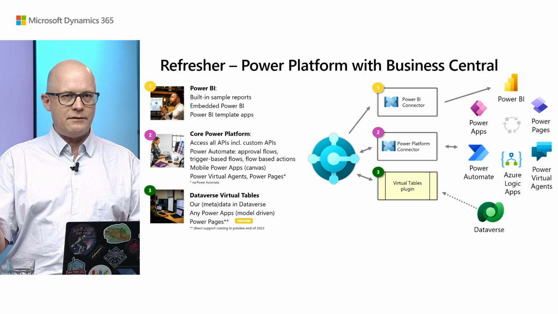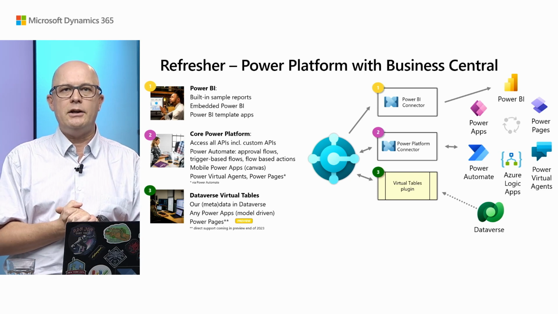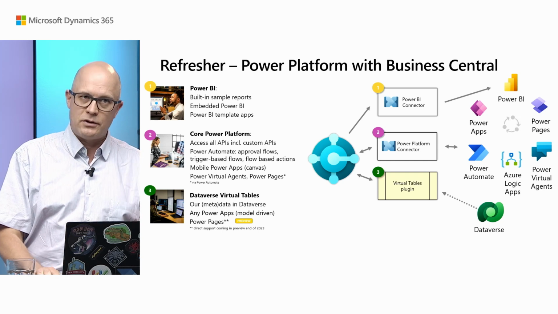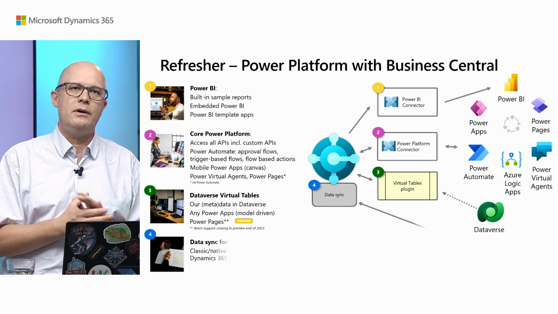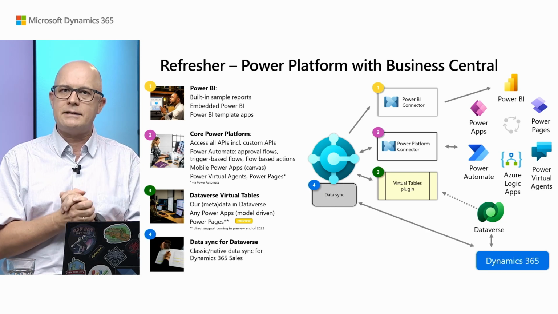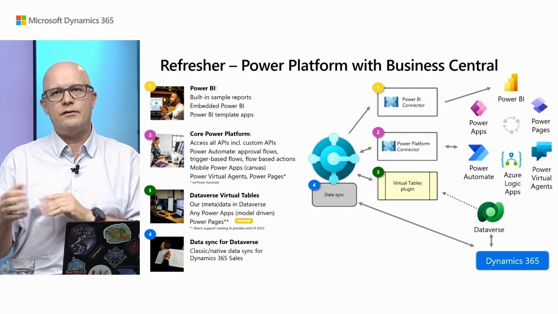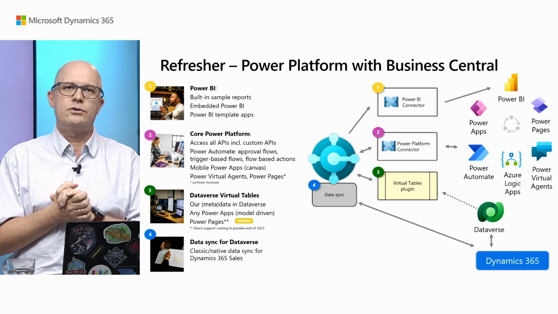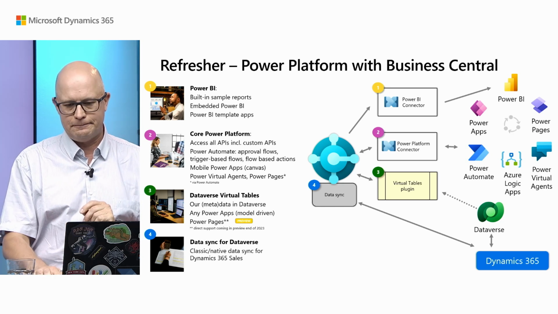We offer Dataverse virtual tables that virtualize data into Dataverse. That will support Power Pages natively, as I mentioned a moment ago. And then we also offer Data Sync, which is a technology that allows you to sync data to Dataverse, and that is mostly to connect to other Dynamics 365 products.